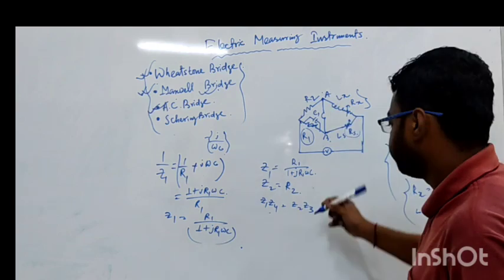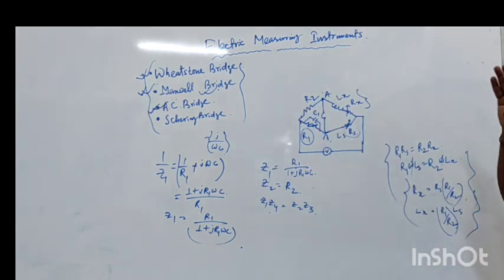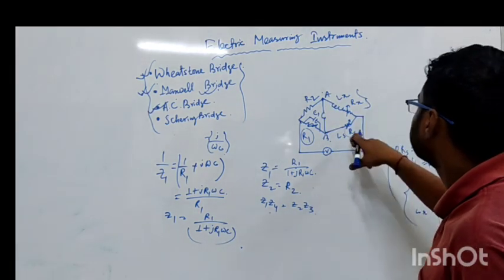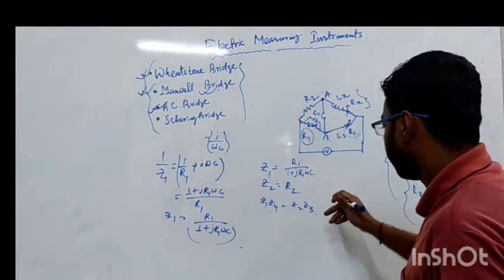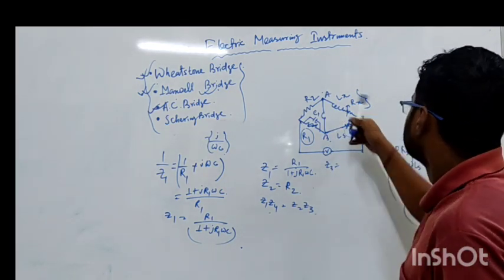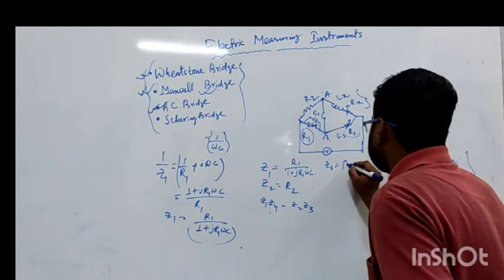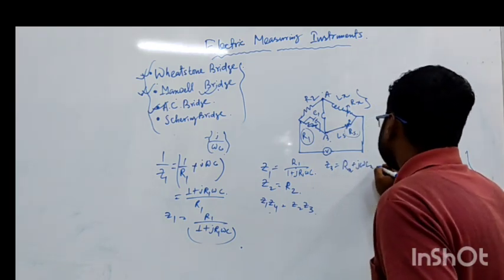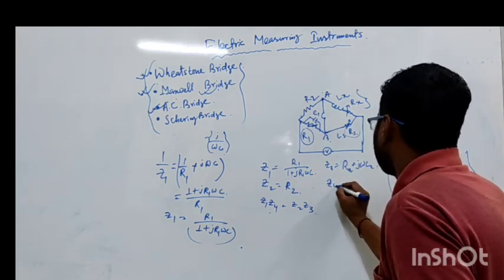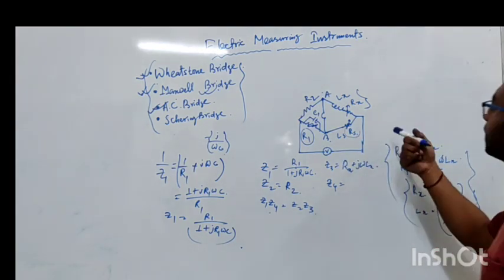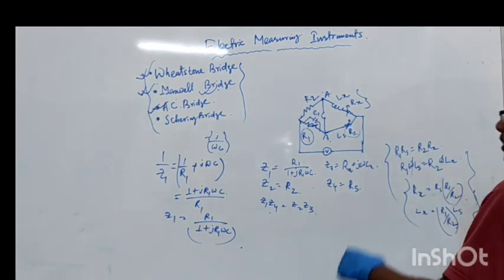Then what will be Z2? Z2 will be R2, and Z3 will be Rx plus j omega Lx, and Z4 will be simply Rs.